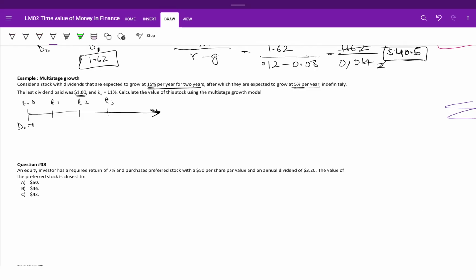$1. The dividend is expected to grow at 15%. So the dividend at time one is going to be 1.15.